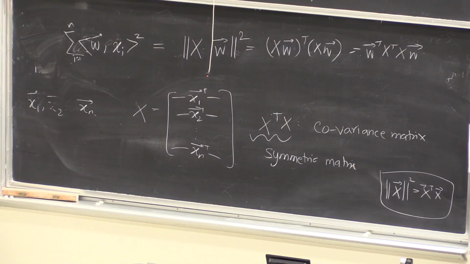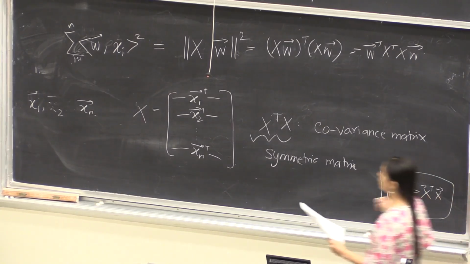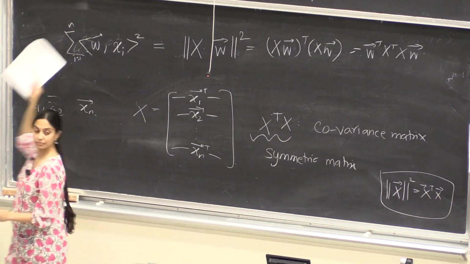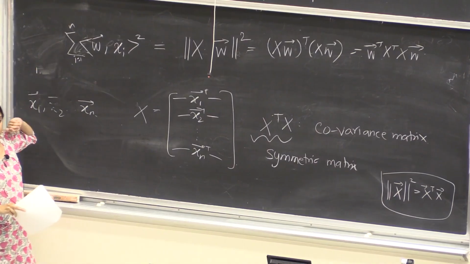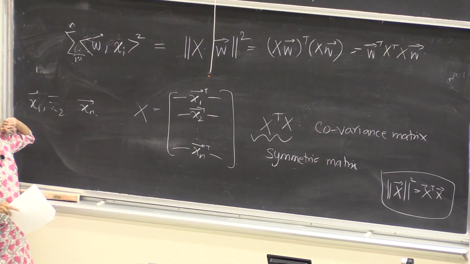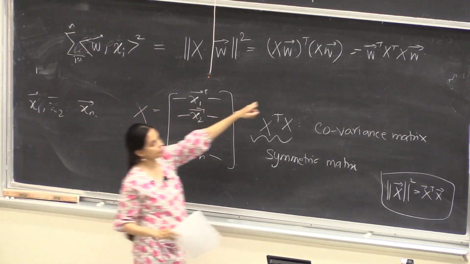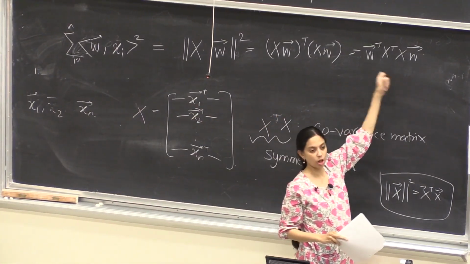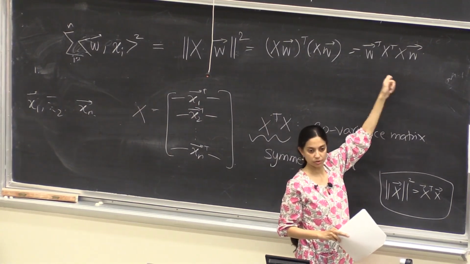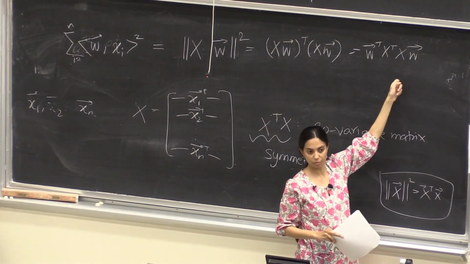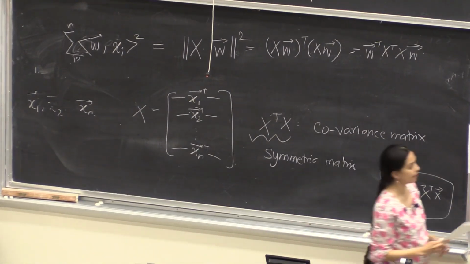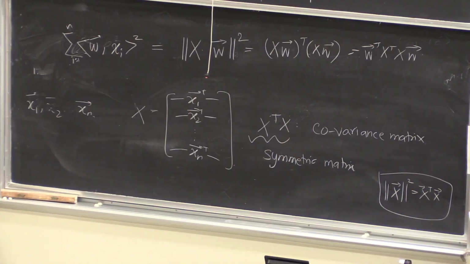Now I'm looking at this, and remember I have a maximization out here. So I'm trying to maximize this over all norm 1 w's. The optimization problem I now have is to maximize this.